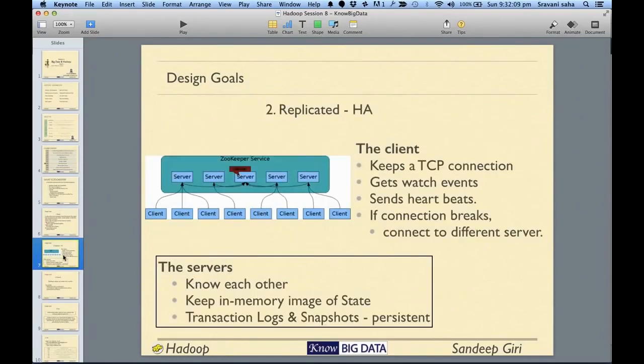All right. Now, talking about highly available, ZooKeeper is a replicated service, meaning there are multiple nodes running this service, and they present themselves like a single machine.